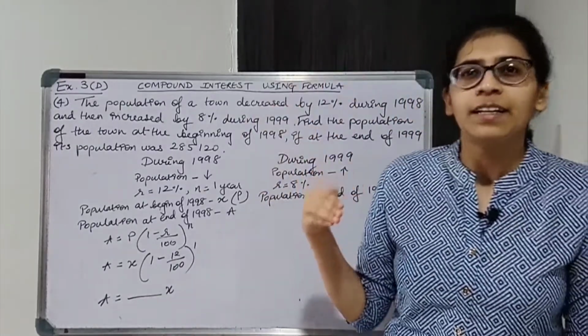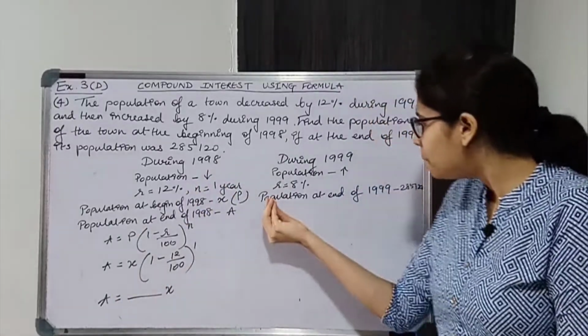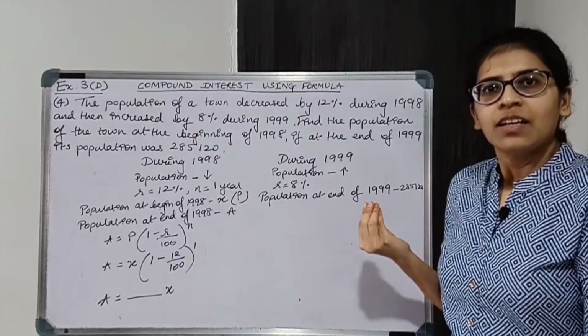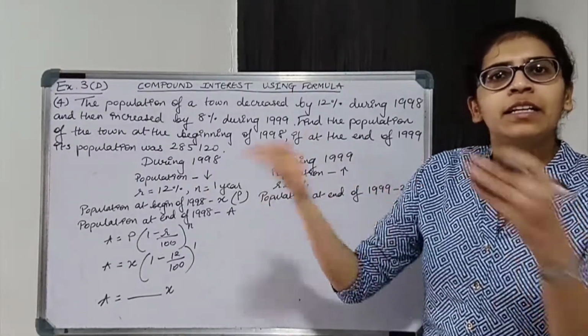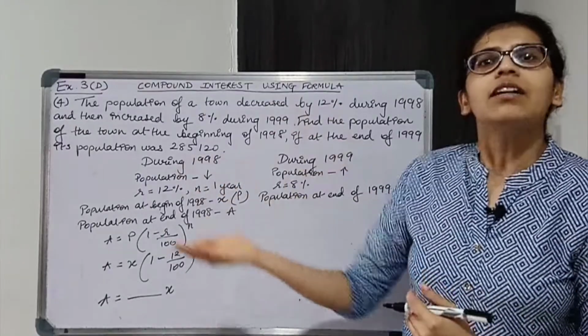Population at end of 1998 is nothing but population at beginning of 1999. At end of 1998 means 1998 has ended and 1999 is starting.